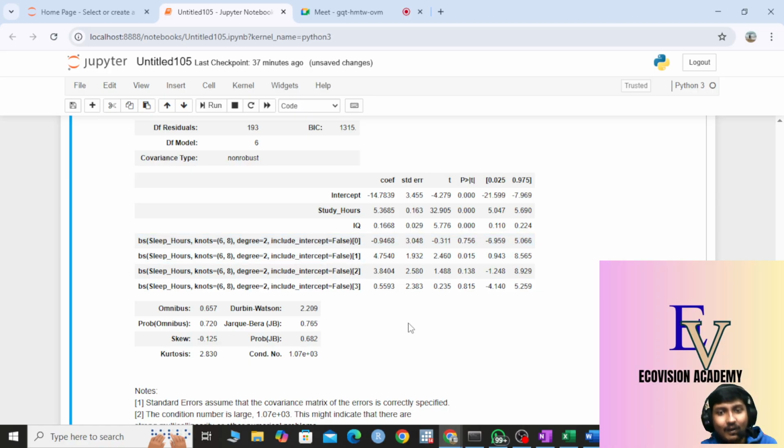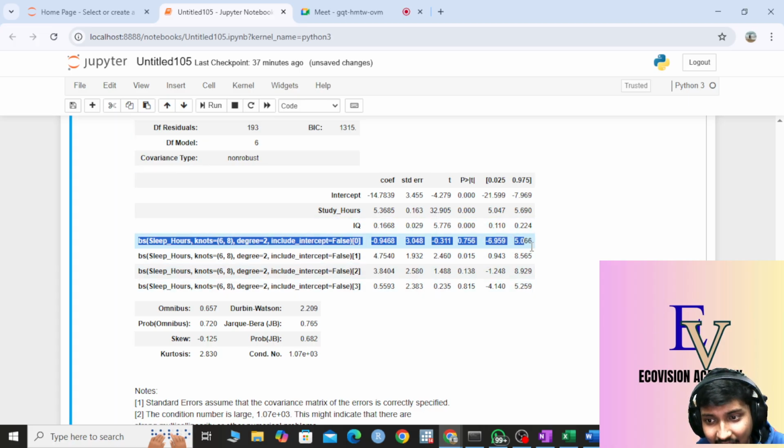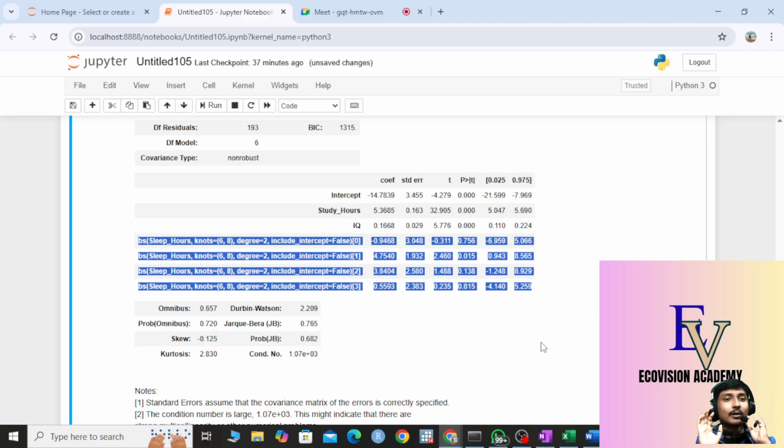What does spline basically do? Spline basically generates the total amount of possible actions for sleep hours.